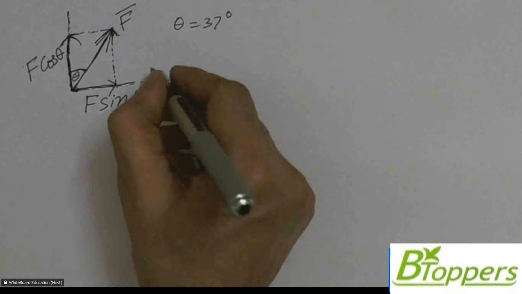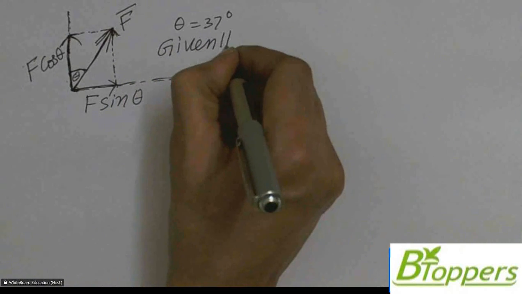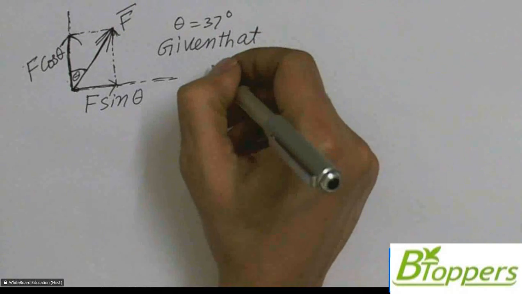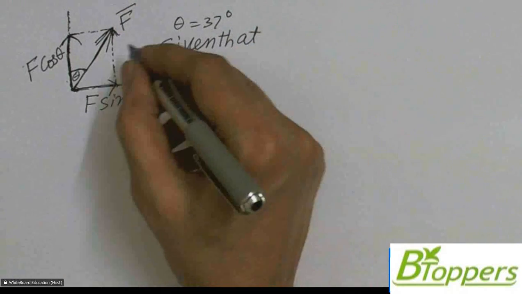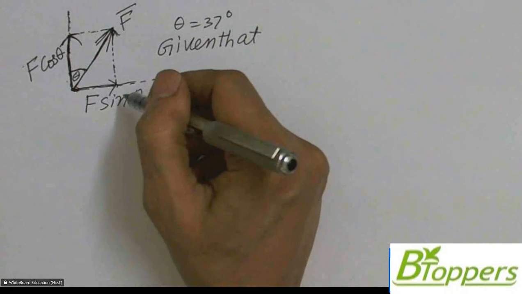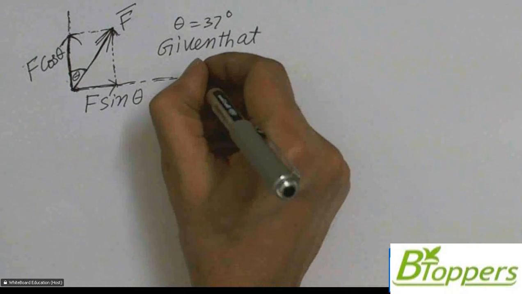So it's given that the magnitude of the vertical component exceeds the magnitude of the horizontal component by 20 newtons.